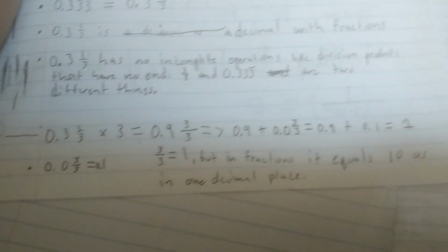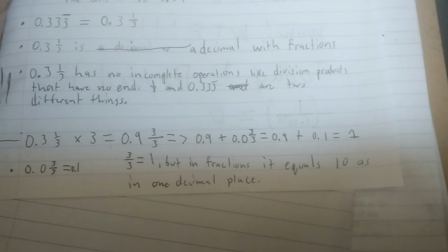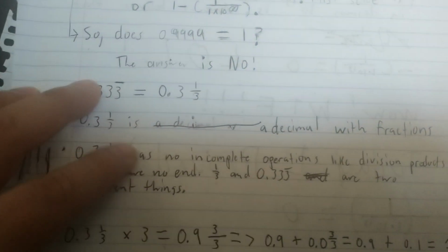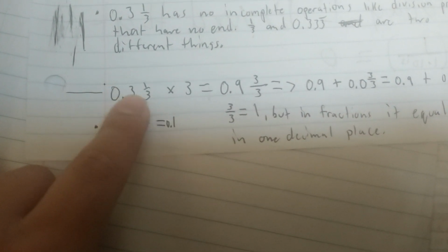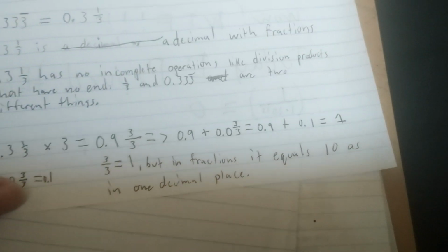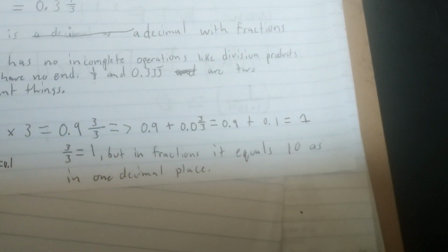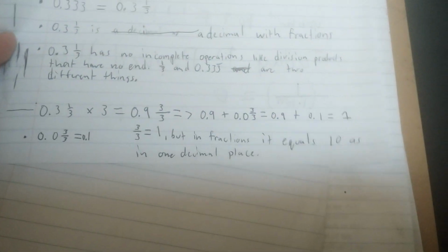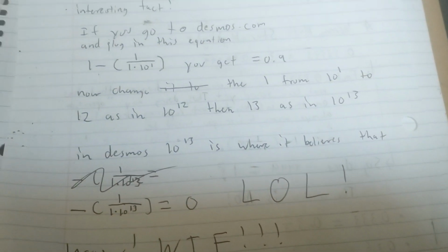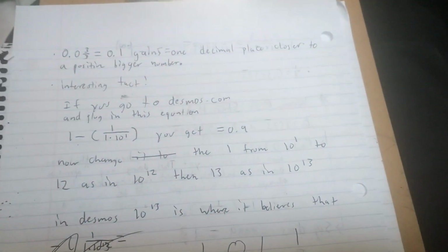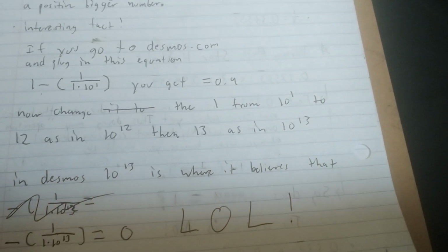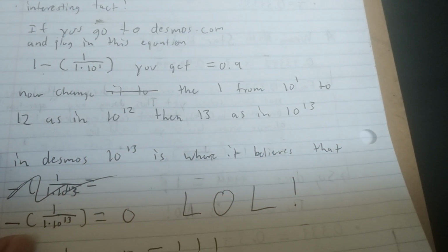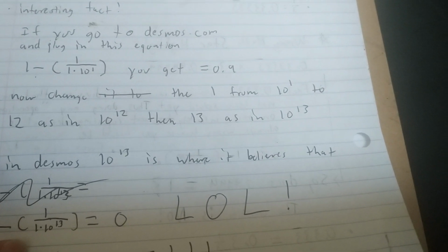So let me see. I was here doing this, 0.3 times, actually this would be from my other video, which was about placing fractions in decimal places, and it just works out. I did see something very interesting in Desmos. 1 minus 1 divided by 1 times 10 to the power of 1, you get 0.9.